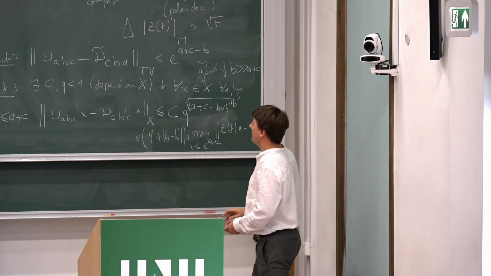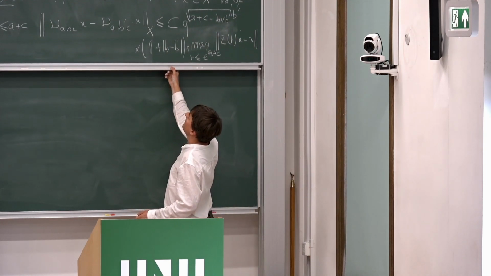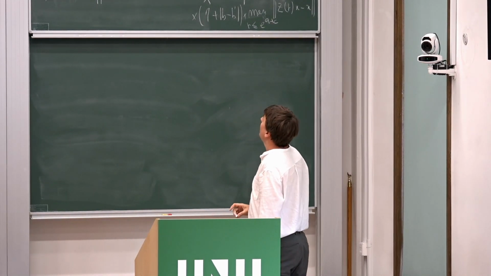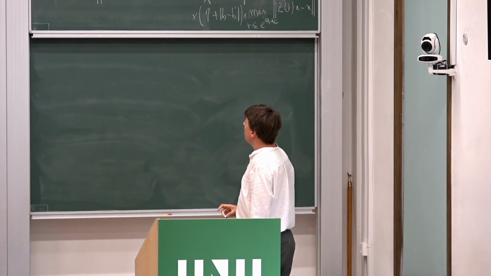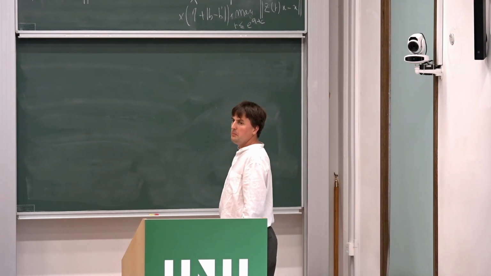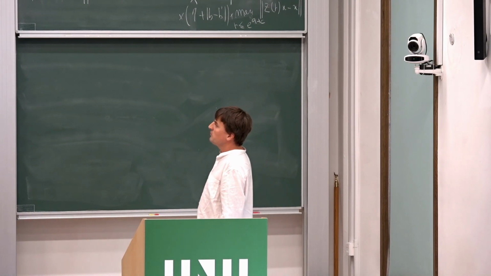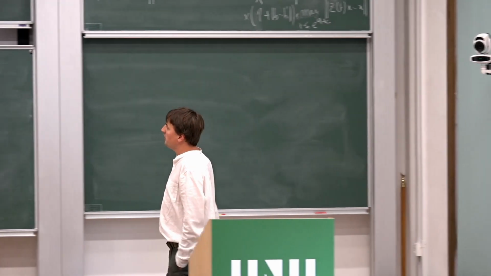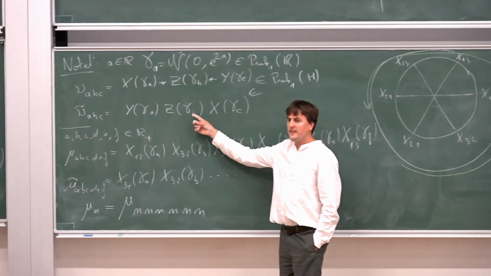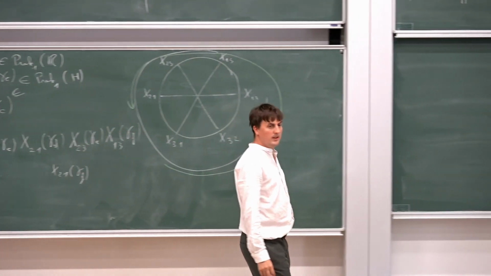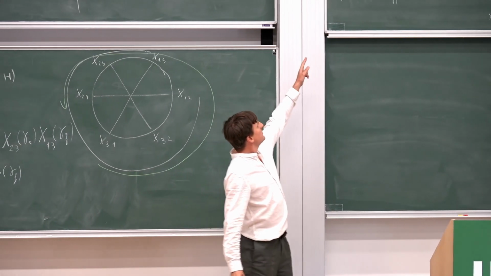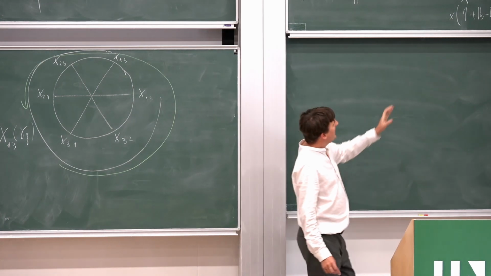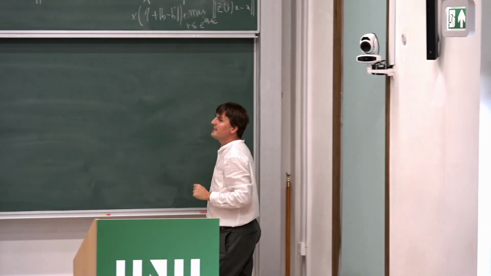Okay, so let's have a look at that. So this inequality says that, if we take the average along the orbit of x with respect to the measure nu ABC, and then we do the same except that the variance corresponding to the center, the b, is replaced by b prime, where b and b prime are both small relative to the sum of a plus c, then we get some bound that is small.